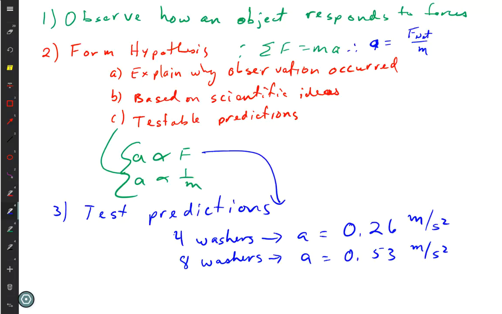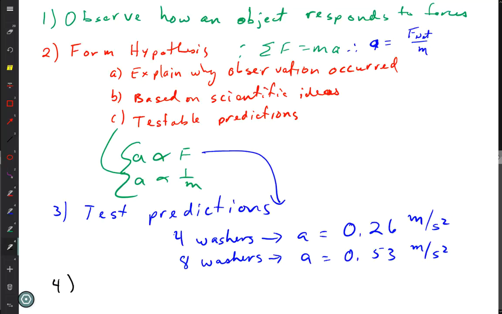But the second one, what was the second test you did? You added the weight. And what happened to the acceleration when you added the weight? Let's call it a mass. When you add the mass, what happened to the acceleration? It went down. Is that in agreement with acceleration being 1 over m? Yep. And so the second test, which I don't have numbers for, it passed. Then we finally get to step 4.